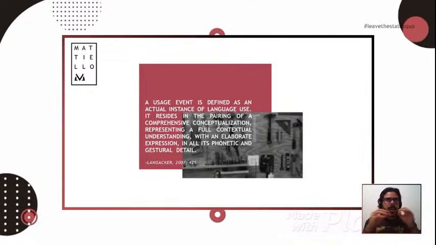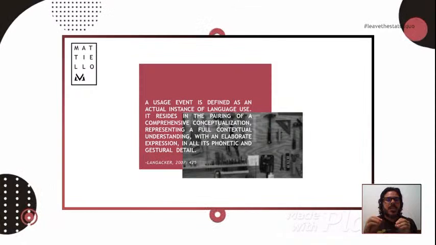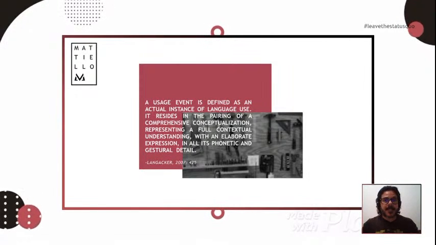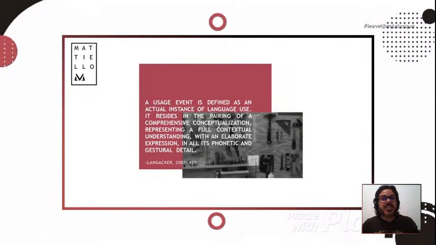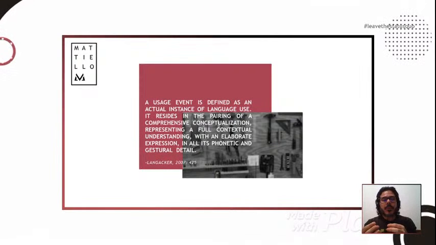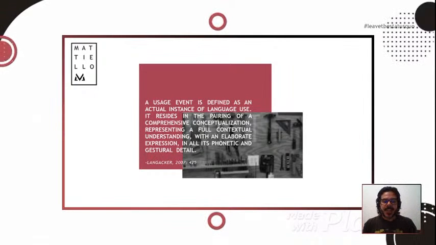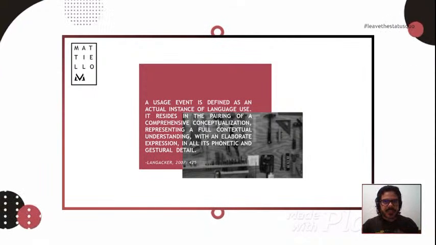Because if we make this analogy between first language acquisition and second language acquisition in this environment that we are inserted in as language teachers, second language or foreign language teachers, we're going to represent what an adult represents in the development of a native language, regardless of the age of our learners.